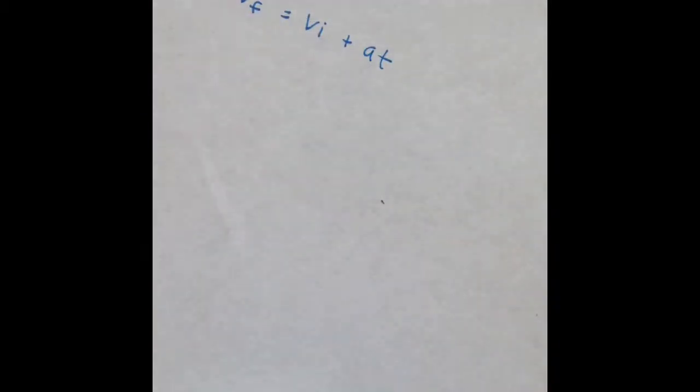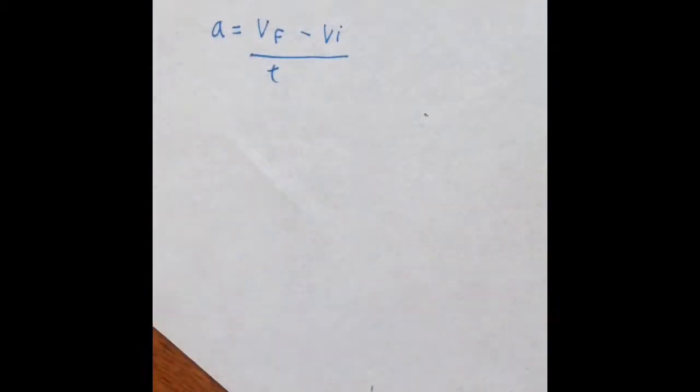So for this, you can use your kinematics equation. You have final velocity is equal to initial velocity plus acceleration times time. And so now you can just move around your variables so you get acceleration on one side. So you'll get acceleration is equal to final velocity minus initial velocity over time.